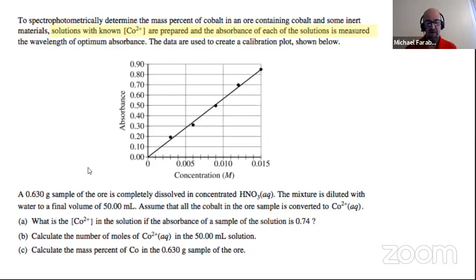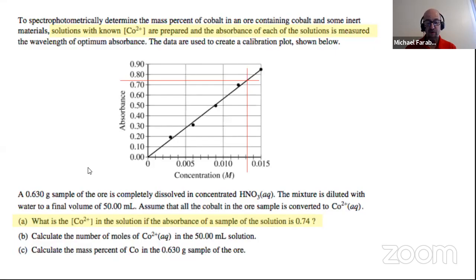Part A of this question asks to figure out the concentration of cobalt in a solution if the absorbance is 0.74. So let's go ahead and just draw a line on our calibration plot at approximately 0.74 on the y-axis. And then where that intersects the line, we can trace that down to the x-axis.